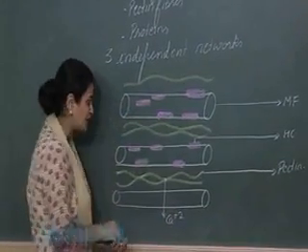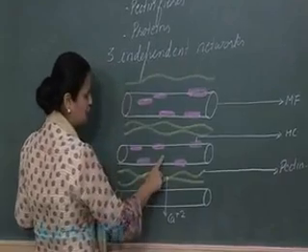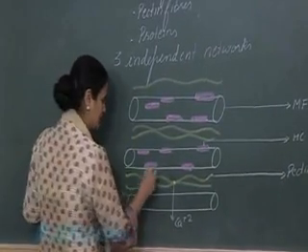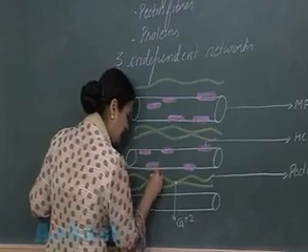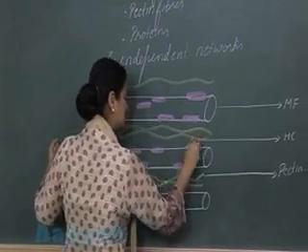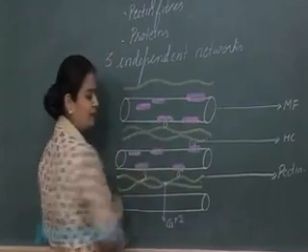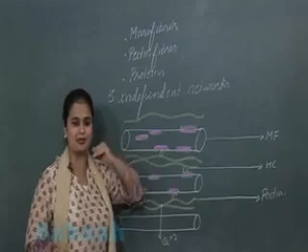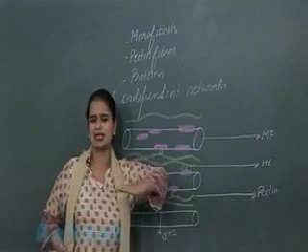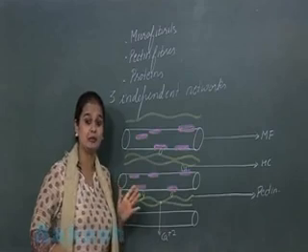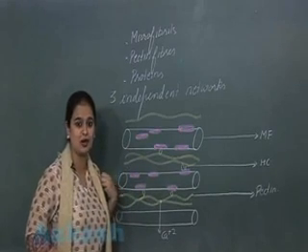Along with that, these pectin fibers also interact with the hemicellulose. Yes, they show the joining with the hemicellulose also. तो बात समझ आ रही है? ये है cellulose microfibrils, forming a network in the cell wall, and they are attached with the hemicellulose with the help of the hydrogen bonds.